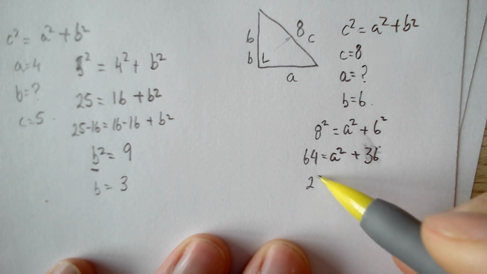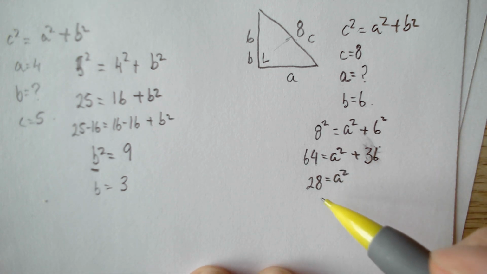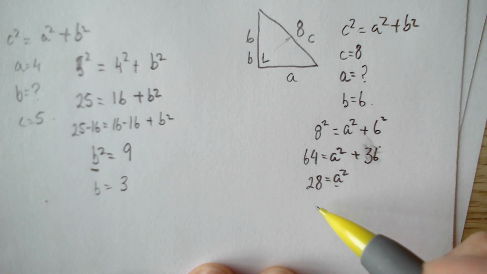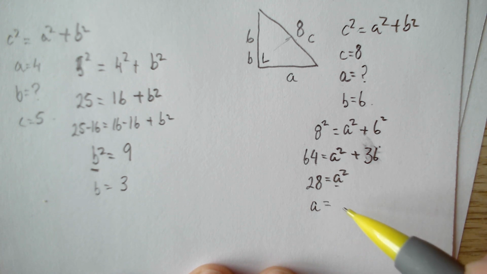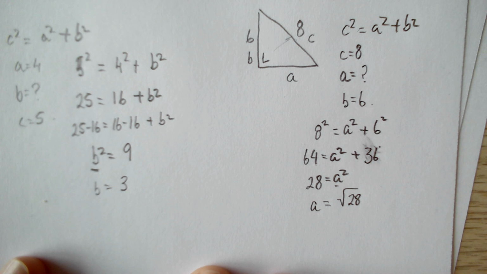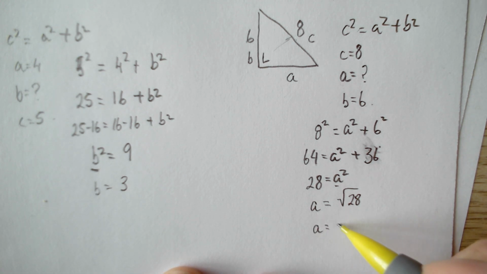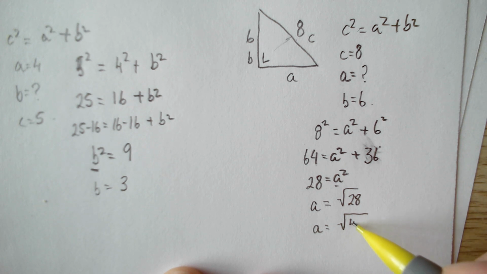So now we can say that A squared, so that's the squared part, we don't forget that. So now A is equal to the square root of 28. And we can tidy this up a little bit. We can say that A is equal to the square root of 4 times 7. 4 sevens are 28.